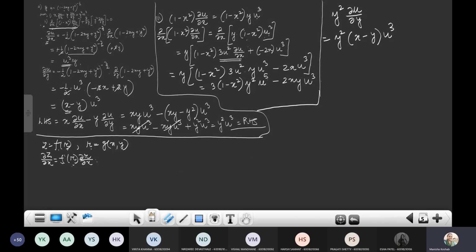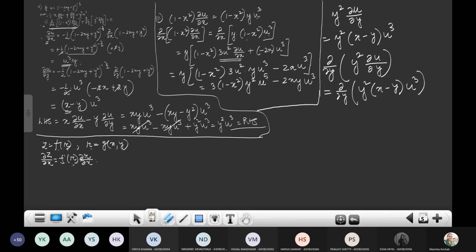Now we want to differentiate this with respect to y. So del y of y square into del u del y is equal to del y of, let us substitute this, y square into x minus y into u cube.